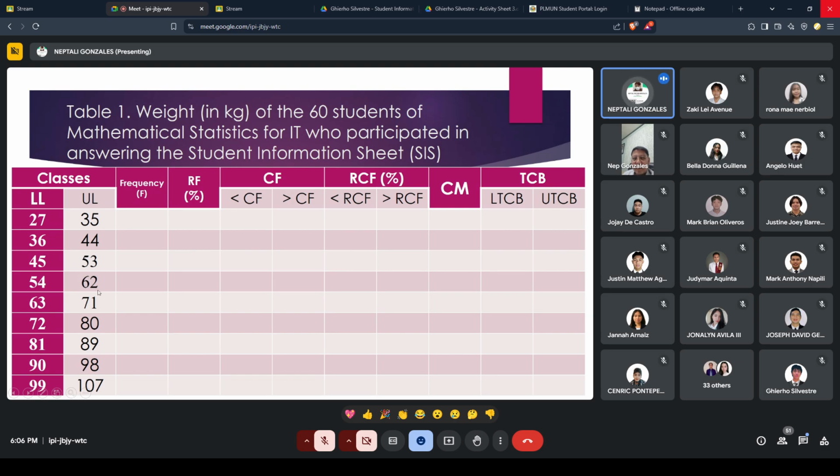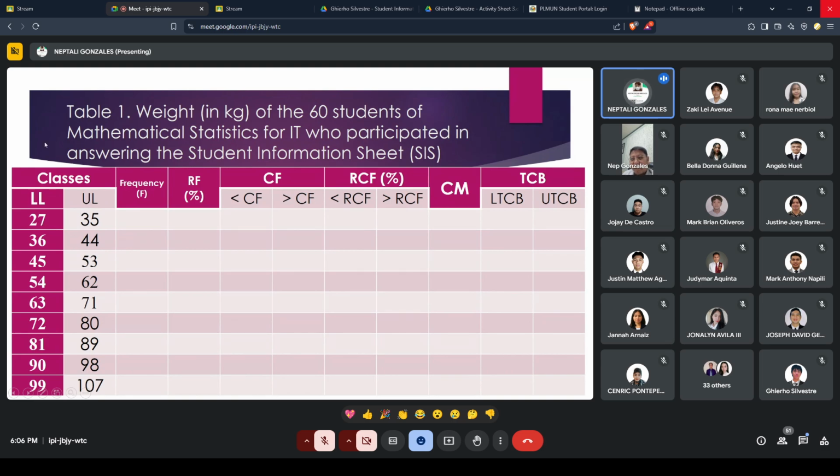Plus 9, 62. Plus 9, 71. Plus 9, 80. Plus 9, 89. Plus 9, 98. And plus 9, 107. So imagine if you are wrong already in the computation of R, K, and C, you will already be wrong in computing the lower limit and the upper limit.